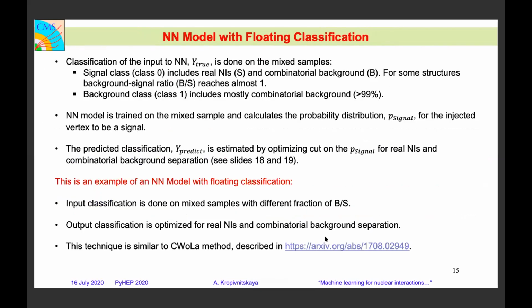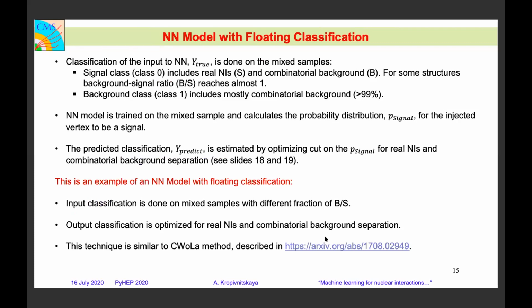So let's talk a little bit about our classification, Y-true. It is done again on the mixed sample, because our signal class 0 includes real nuclear interactions and combinatorial background. For some structures, the background to signal ratio reaches almost 1, so it's 50% signal, 50% background.